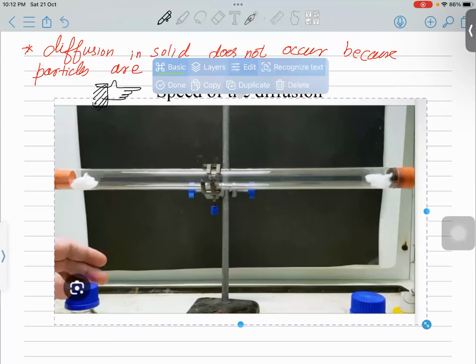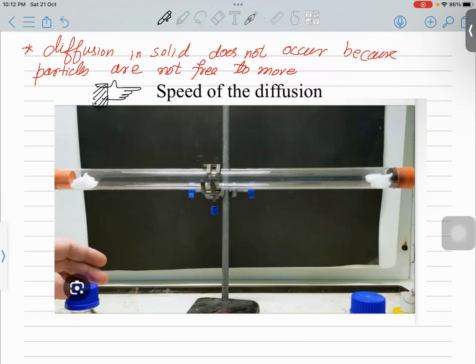Look at the experiment. Let's suppose here we have, this is the cotton wool. This is pure cotton soaked in ammonia.